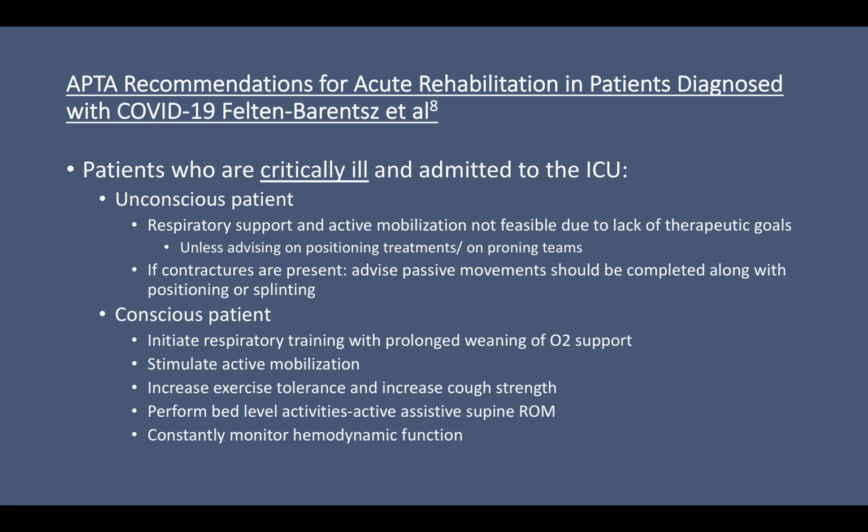For the conscious patient who is critically ill, we should initiate respiratory training and start the prolonged process of weaning from O2 support, and stimulate active mobilization as much as possible. We're going to increase exercise tolerance and cough strength, perform bed level activities, and constantly monitor hemodynamic function.